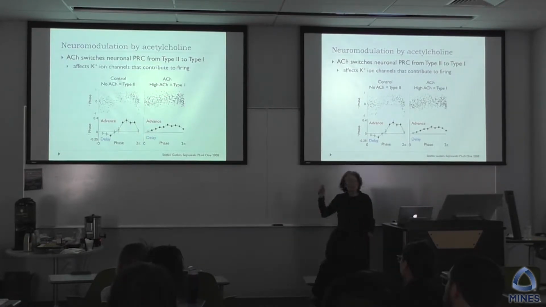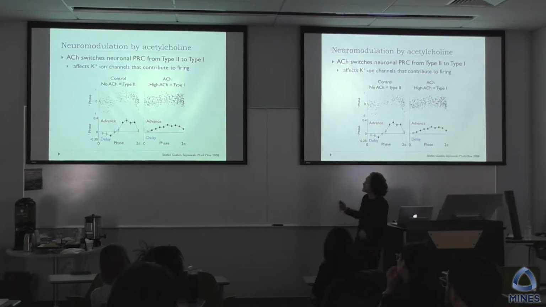All right, so it turns out that this distinction of profiles of phase response curves, from phase response curves where there's maybe an initial delay period, or where the advance phases are skewed to later in the period, compared to phase response curves that are more symmetric and predict advances in timing of firing across the cycle, are categorized as two different types of phase response curves.